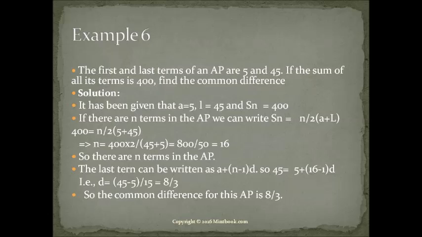We can easily find Sn minus 1, that is the sum to n minus 1 terms, by substituting n minus 1 in place of n. We will get Sn minus 1 is equal to 5 into n minus 1 minus n minus 1 whole square. So by using the expression that we derived earlier, An becomes equal to Sn minus Sn minus 1.